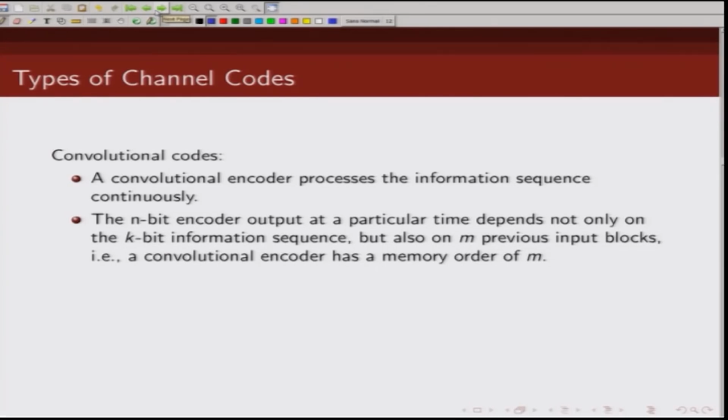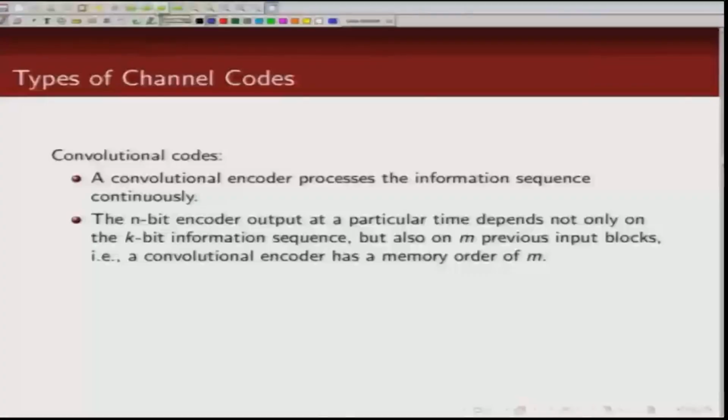In other words, the current output not only depends on the current input, but it also depends on past inputs and outputs. Okay. So, unlike block codes, in convolutional codes the output depends on past inputs and outputs.